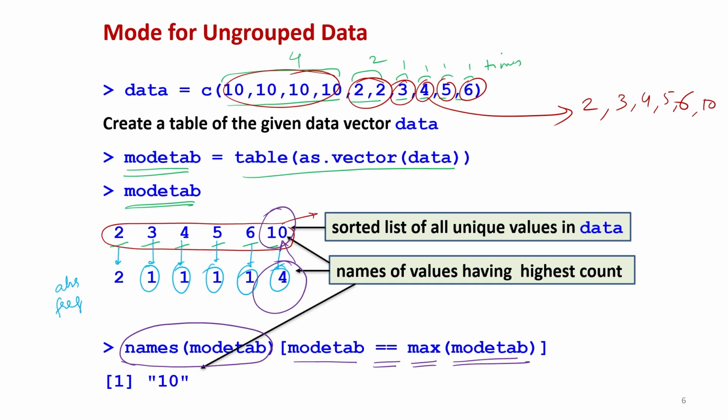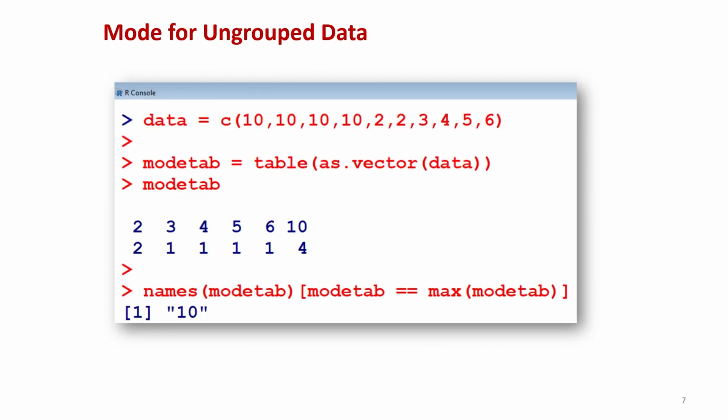It finds the maximum value in 2, 1, 1, 1, 1, 4, which is 4, and gives you the name corresponding to the data occurring 4 times, which is 10. So this is how you can very easily compute the mode of the data. This is the screenshot of the same operation.